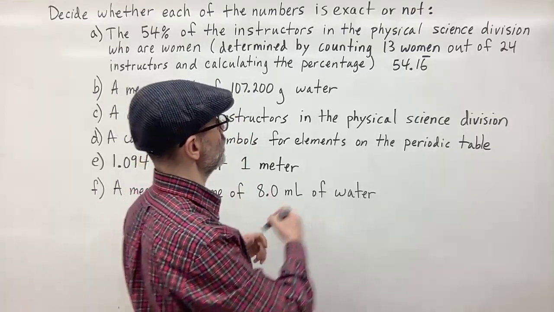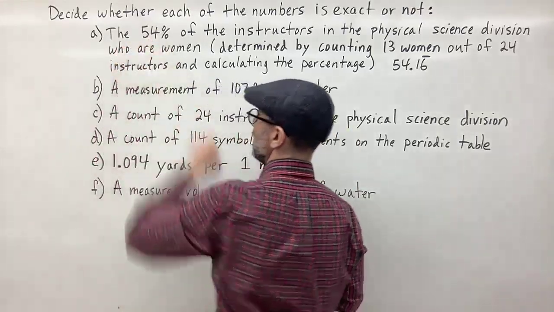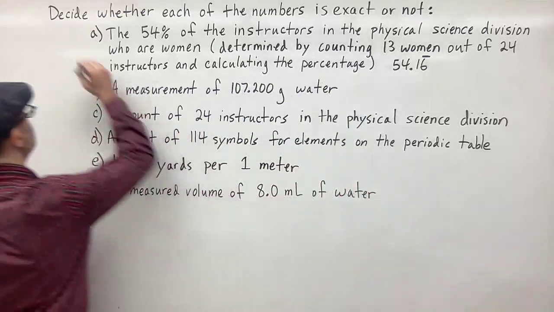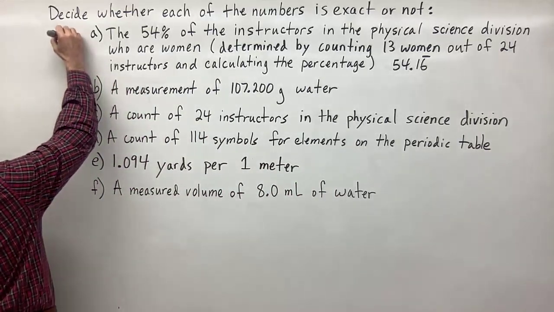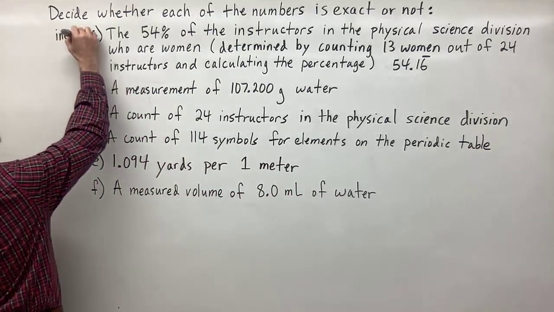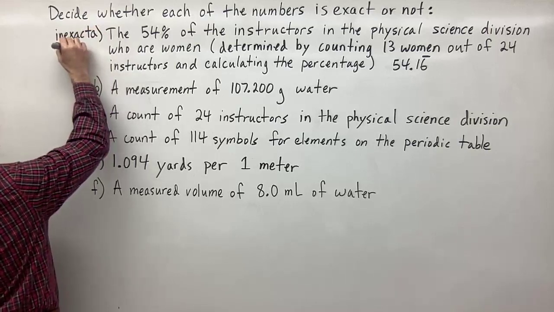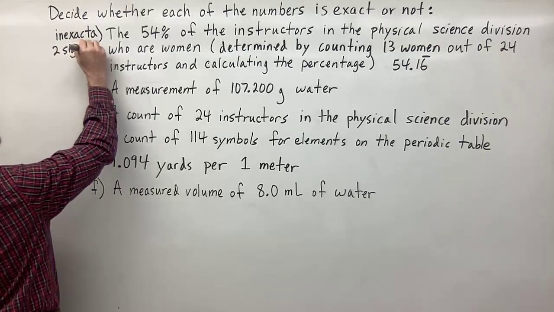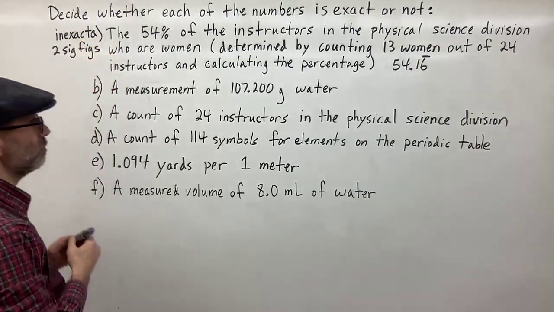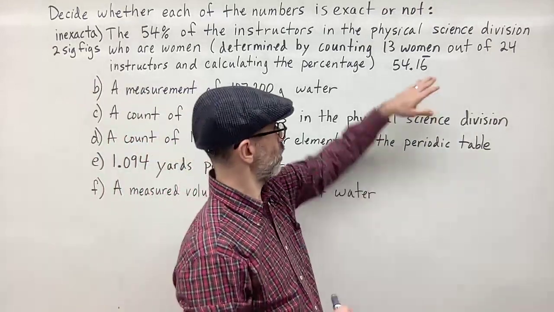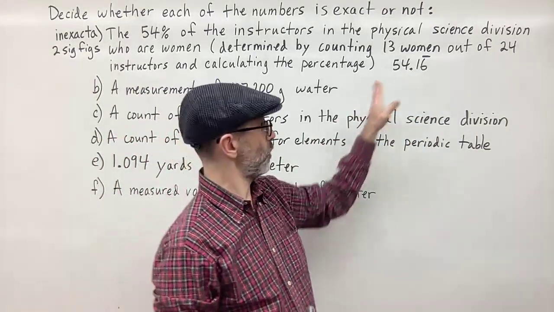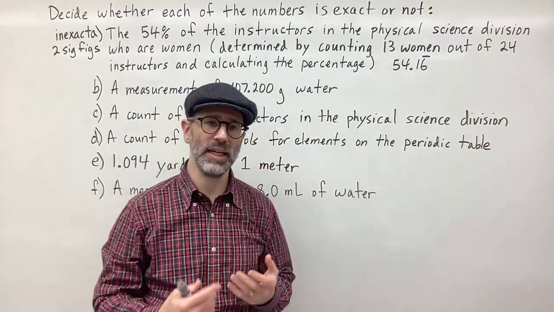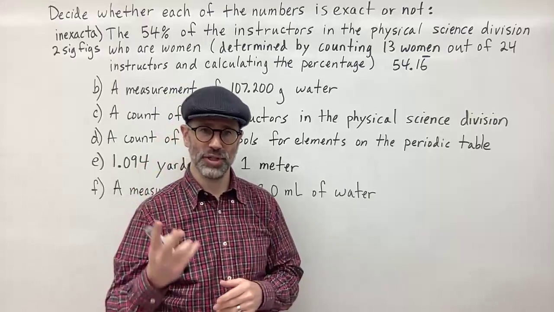And in this case, this number being inexact is going to have two significant figures. So this would be inexact with two sig figs. The unrounded value would be exact, and that 6 would go on indefinitely. But in this case, they rounded it, so it's not exact, so it has two sig figs.